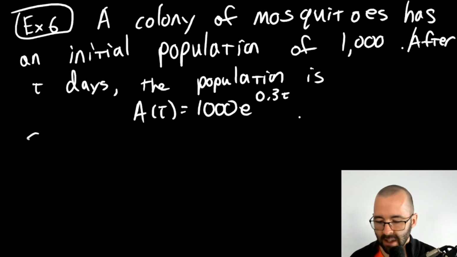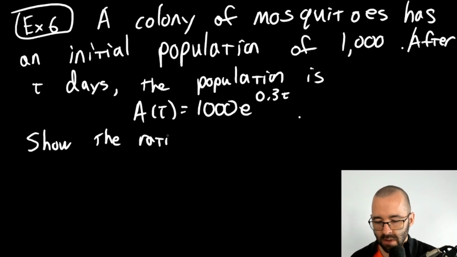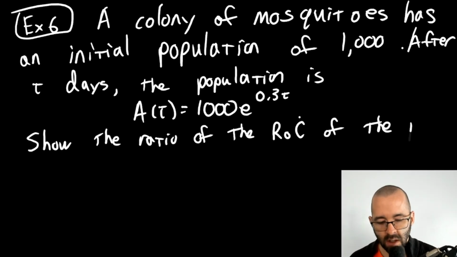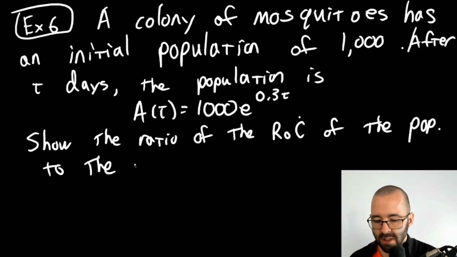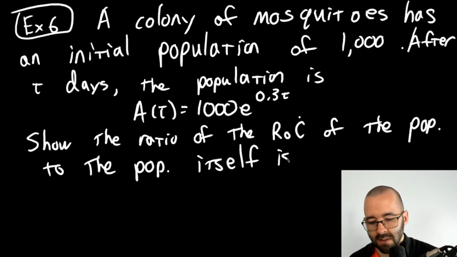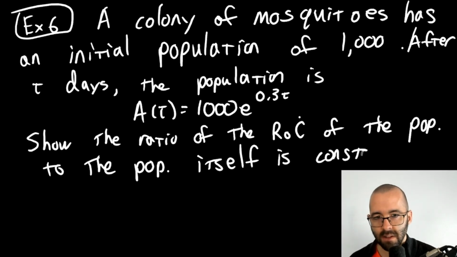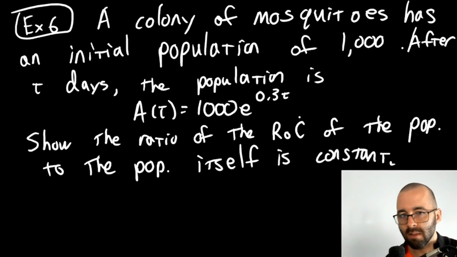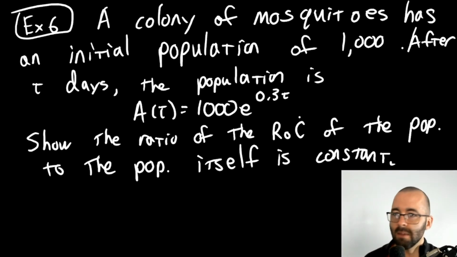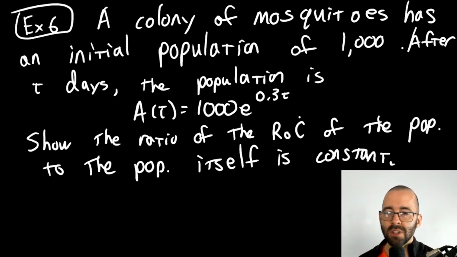Let's ask the question. Show that the ratio of the rate of change of the population to the population itself is constant. So it sounds like a big ask, but it's not that bad. Let's read that question again.